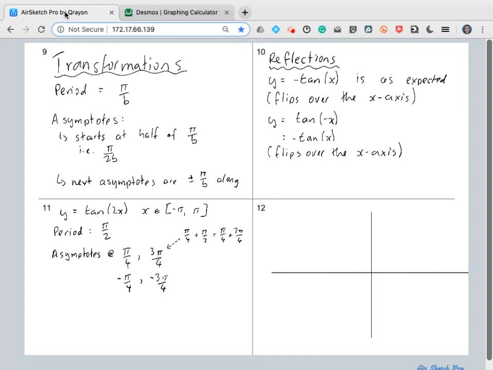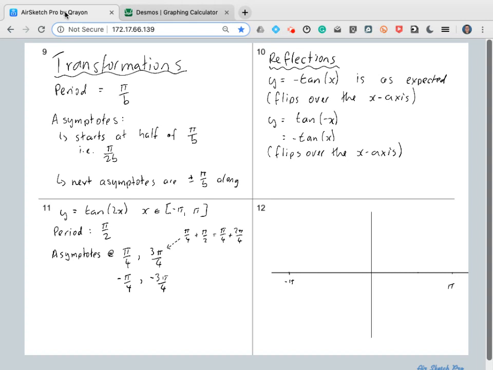I'm going to have it going from negative pi to pi. I need to now look at the first asymptote, but sorry, I'll do the zeros first. I split it in two like so.